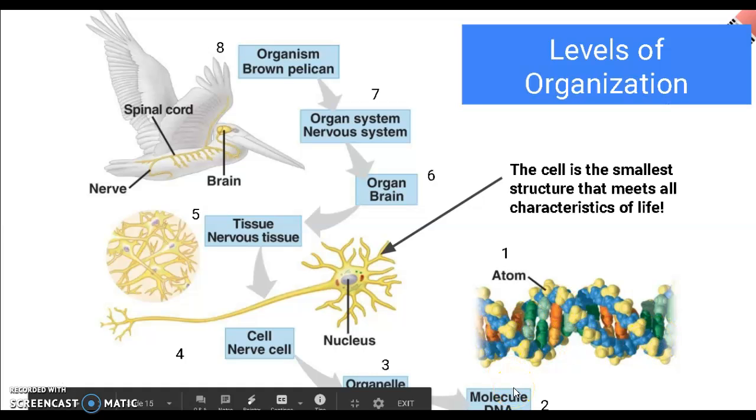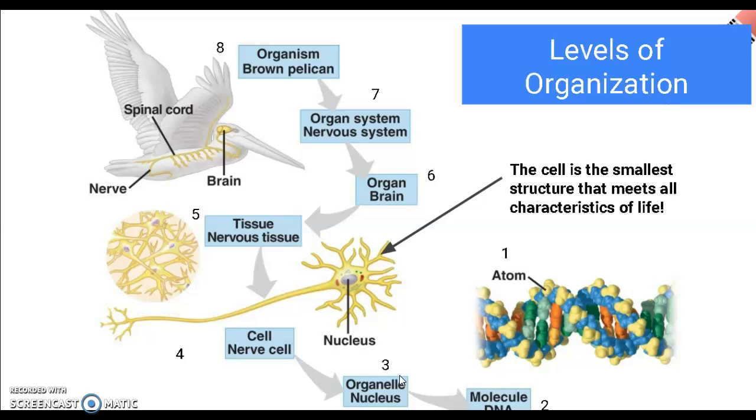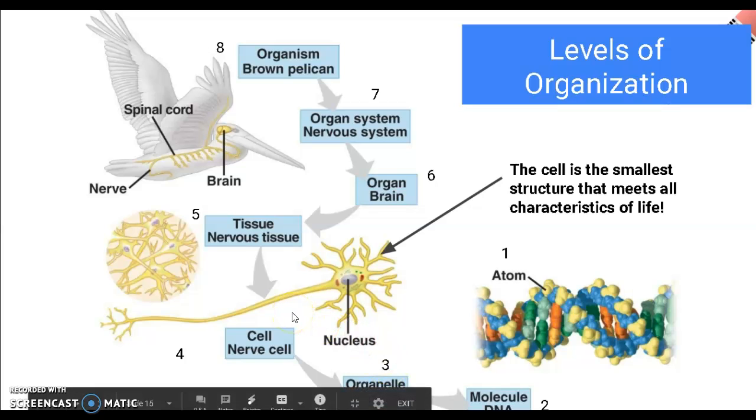If you take a bunch of molecules together, you get something called an organelle. And an organelle is a part of a cell. For example, the nucleus. If you take a bunch of organelles together, you get a cell. You can see the different parts come together to build more and more complex structures.